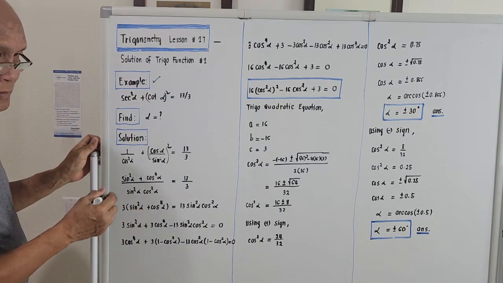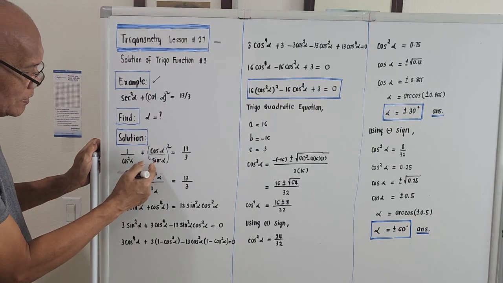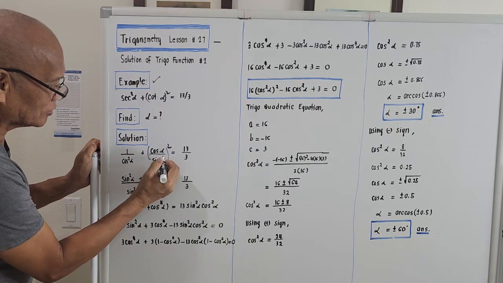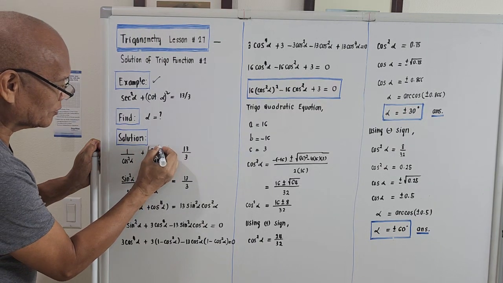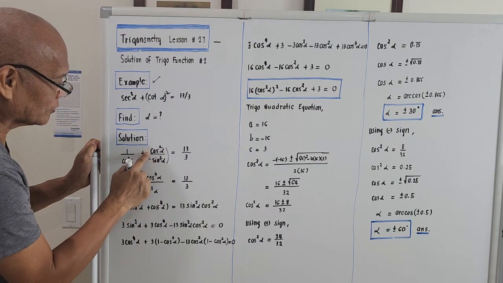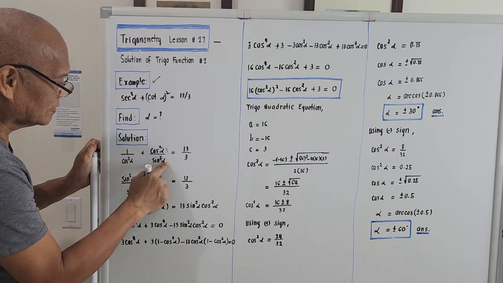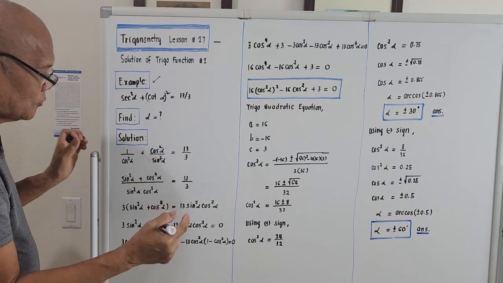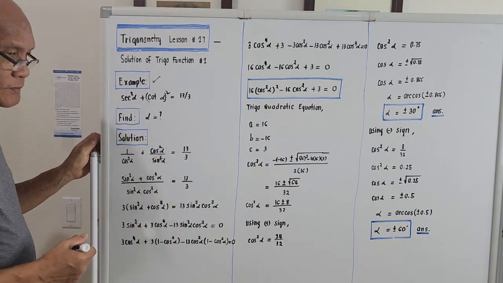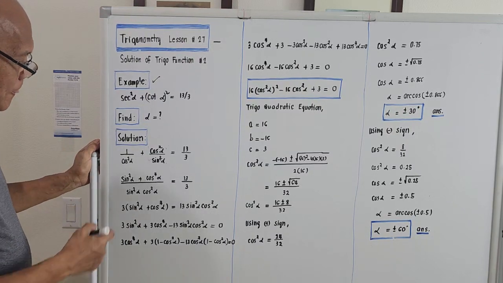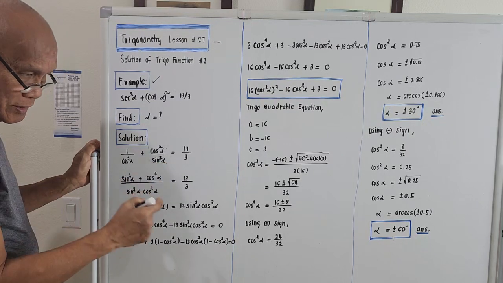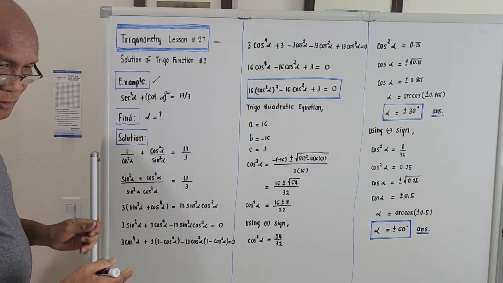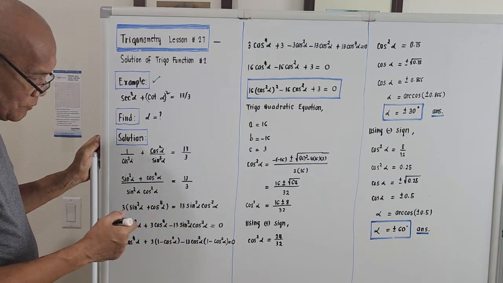Simplifying this one, if we try to square this, this will now be sine square of alpha over cosine square of alpha. We remove the quantity. If we try to simplify the left hand side, this is cosine, this is sine square, a different denominator. So we use the butterfly method.